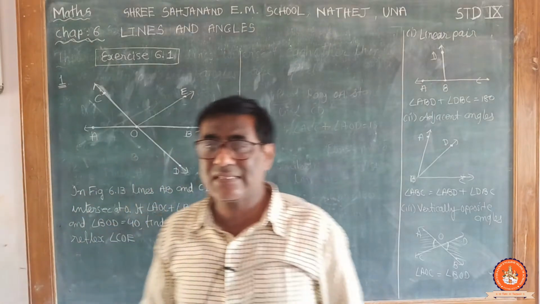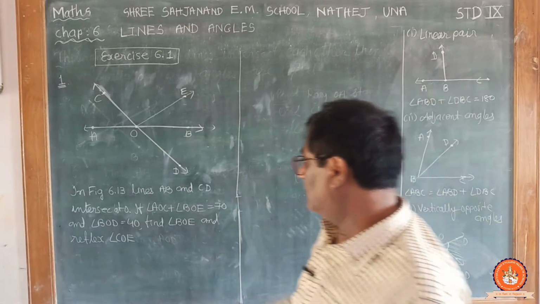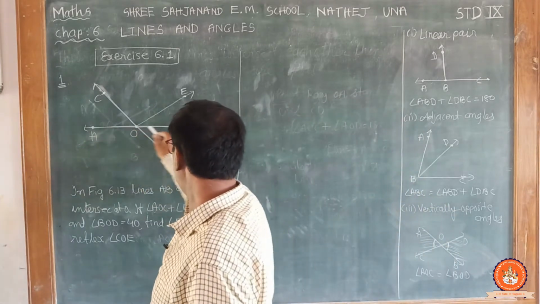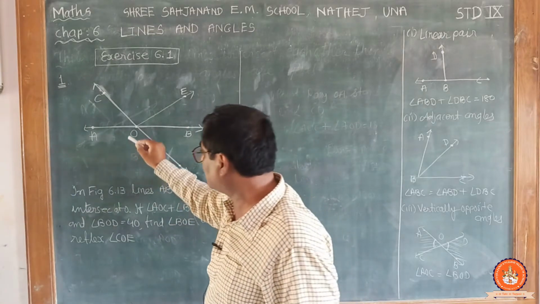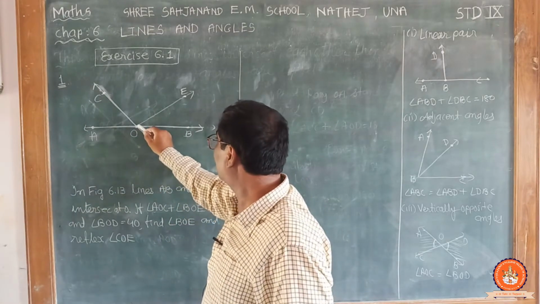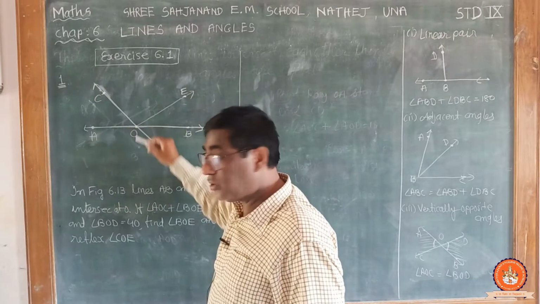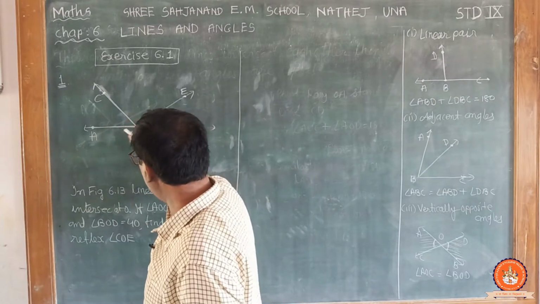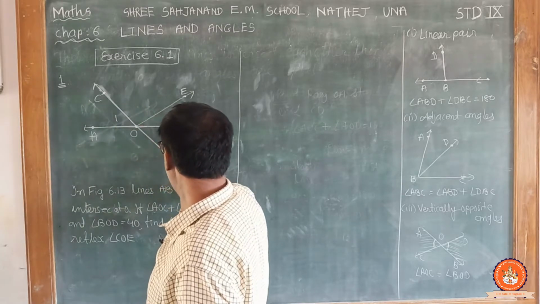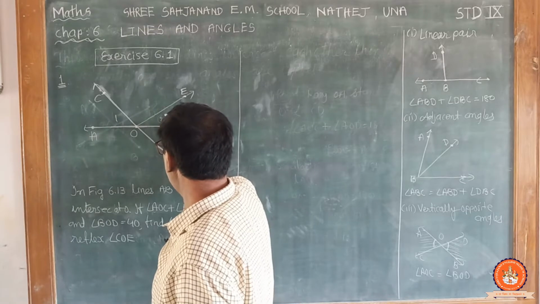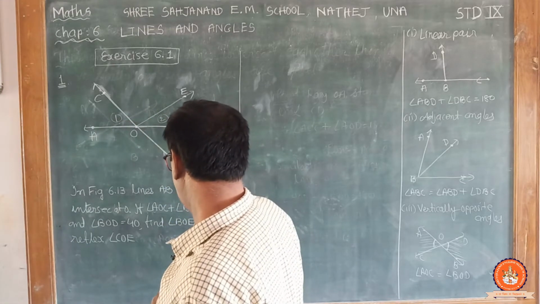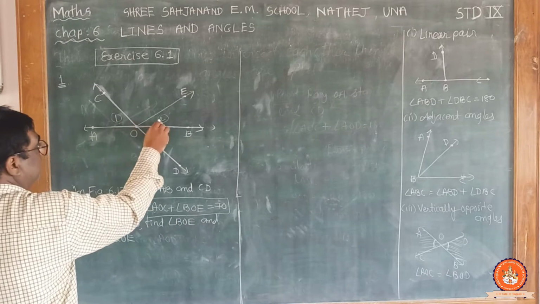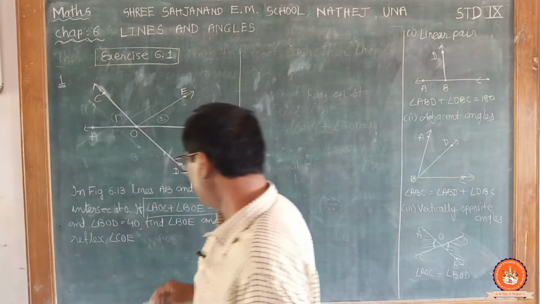Now in exercise 6.1, question number 1. See in this figure 6.13, lines AB and CD intersect at O. One more ray originates from the point O. If AOC plus BOE is equal to 70, look at it, AOC number 1 and BOE number 2, the sum of these two angles is 70, and BOD is 40.